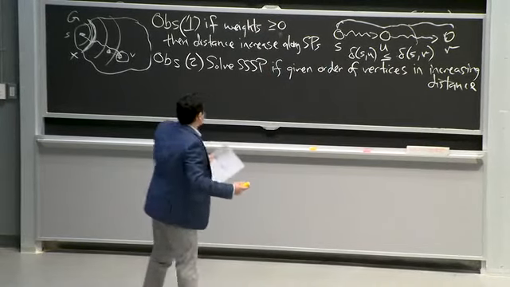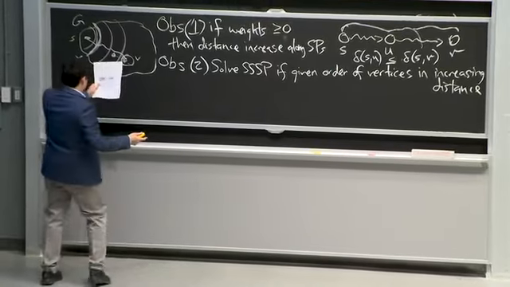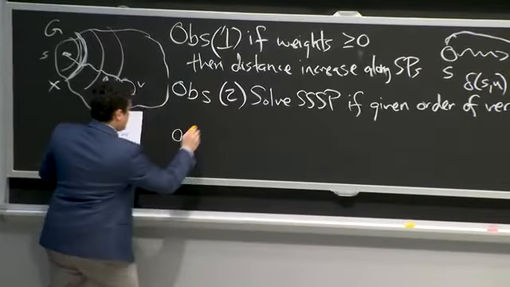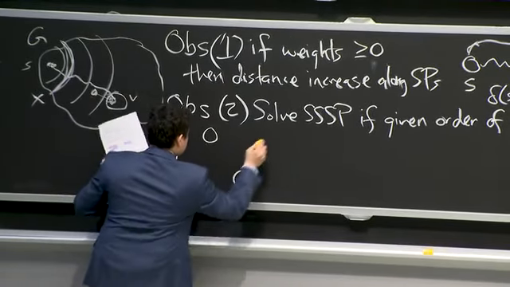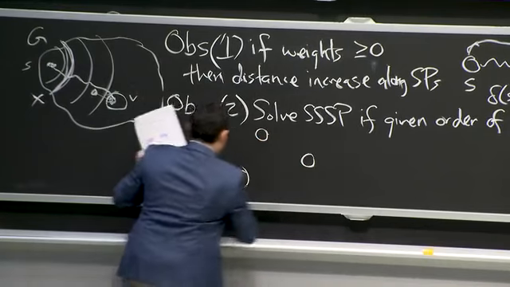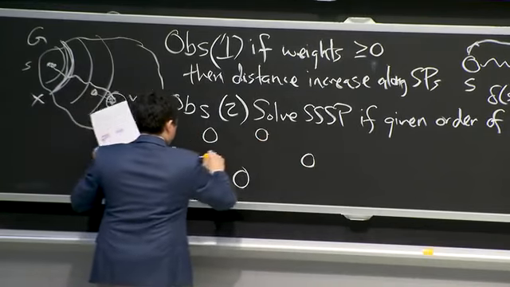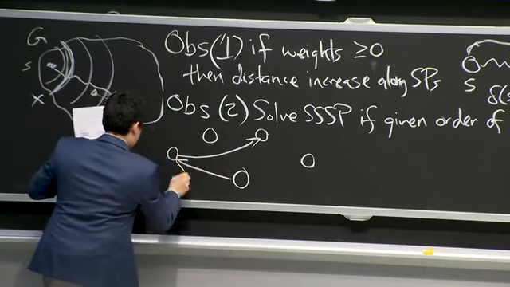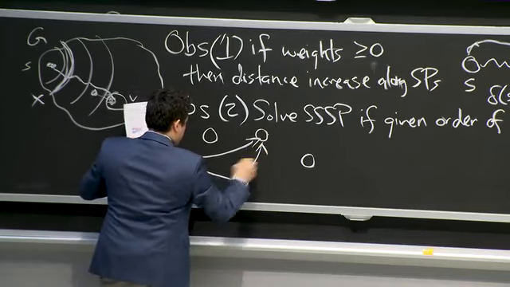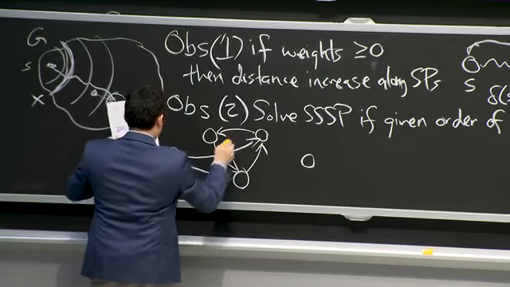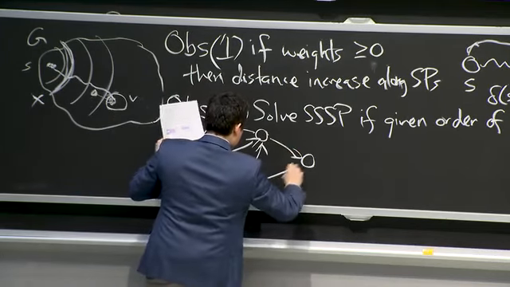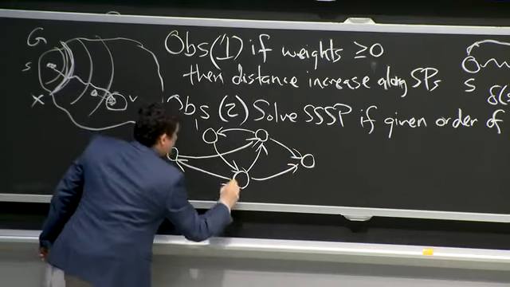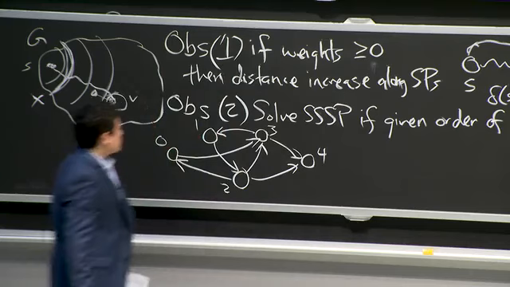Okay? So basically, here's a graph. Let's see if I can remember. Okay, and I'm going to put some edges on here. I'm going to call these vertices 0, 1, 2, 3, and 4. Okay, so here's a graph.